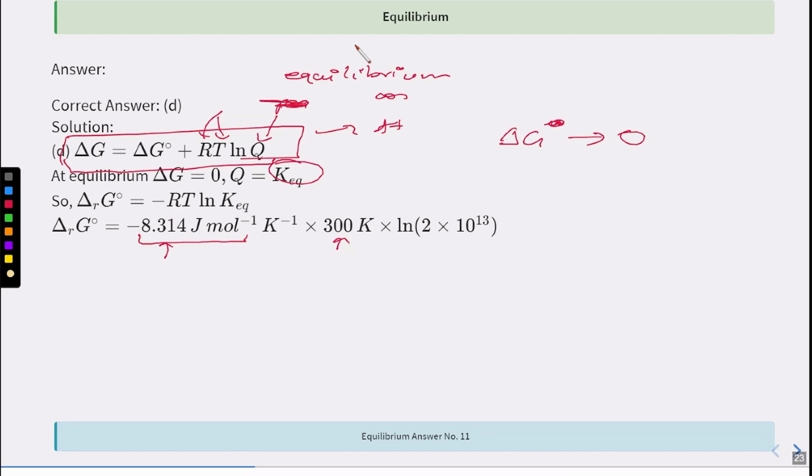Okay. It's a simple, straightforward formula. The only thing you have to remember is that delta G is actually 0 at equilibrium, and that basically provides you the solution for this question. Okay. Going to the next question.